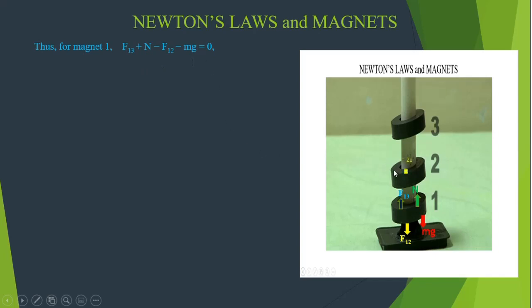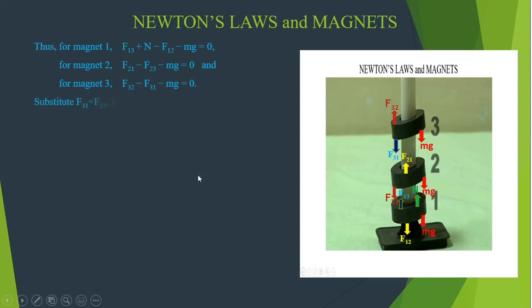For magnet 2, the upward force is F21 and the downward forces are F23 and mg, so F21 minus F23 minus mg equals 0. For magnet 3, the upward force is F32 and the downward forces are F31 and mg, so F32 minus F31 minus mg equals 0.